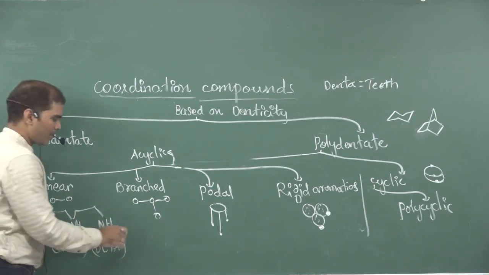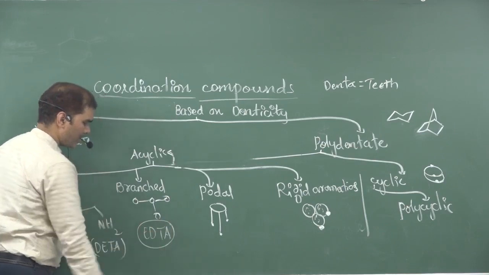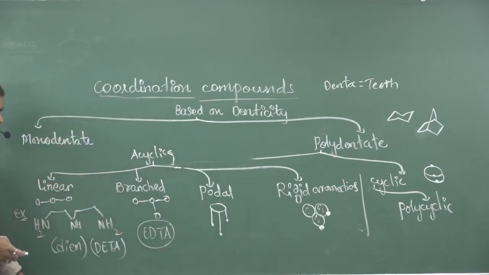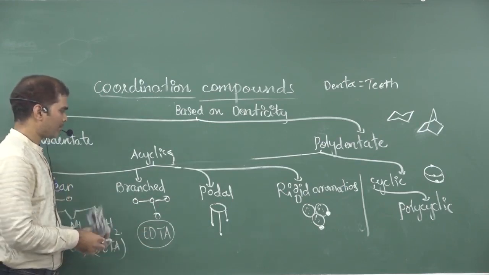For branched, EDTA is the best example. So we are aware of EDTA structure, 2 nitrogens through which 4 acetate groups are hanging. So it is like a branched one. EDTA is the best example.